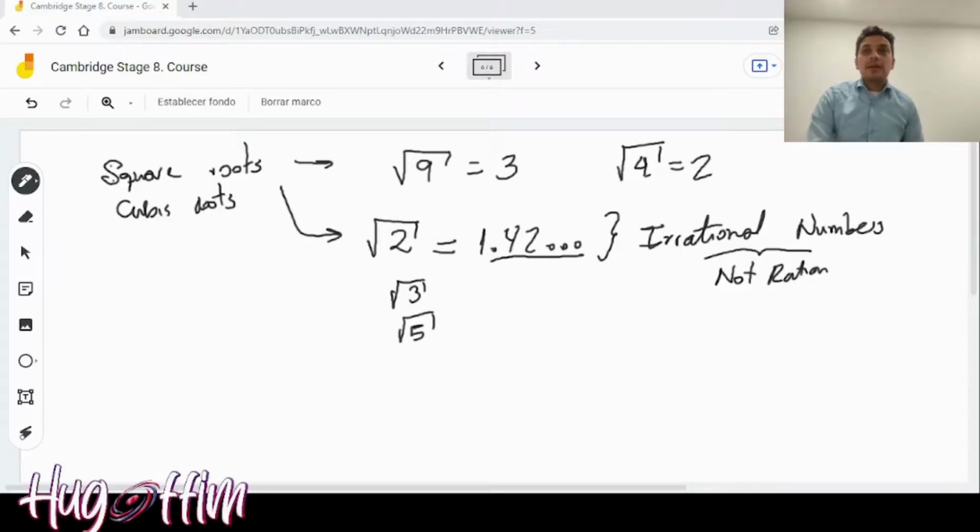Maybe you have heard of pi when we work with circles to find the area of a circle, and the number e, maybe you haven't heard about, but it's very used in mathematical analysis and the use of functions. So when you have irrational numbers, these are examples.